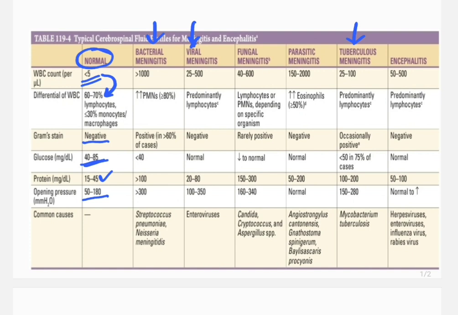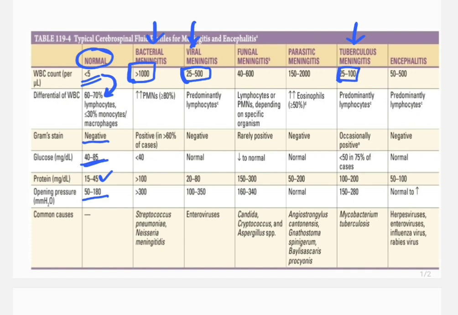Now the abnormalities. In bacterial meningitis or pyogenic meningitis, WBC count is usually more than 1000. In viral meningitis it is up to 500. In tubercular meningitis it is up to 100.